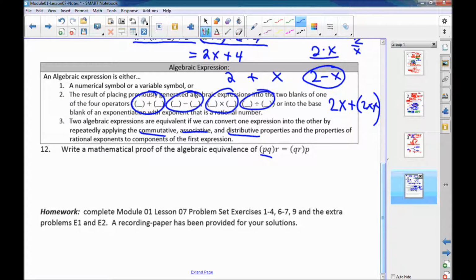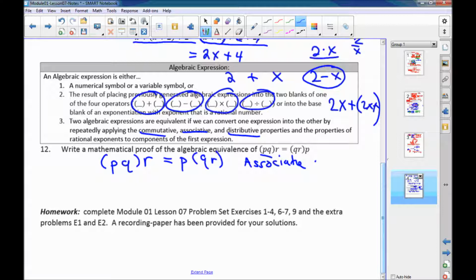Okay? All right, so our proof will look something like this. P, Q, R. And then let's go ahead and try to get them in the right order. So I would like the Q and R to be together. So I'm going to move the parentheses, and I think that's the easiest way. What property moves parentheses? Well, this is our associative property. And this is for multiplication.